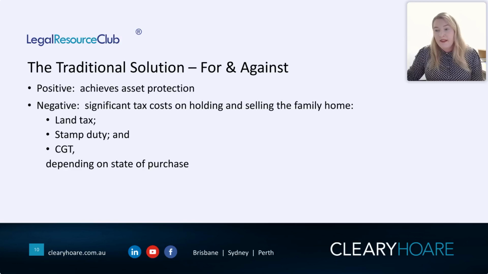So, as I said, discretionary trusts are excellent in terms of effective asset protection. It's just for a lot of clients, it's not really practical or workable from a tax perspective, particularly when we're dealing with the family home.